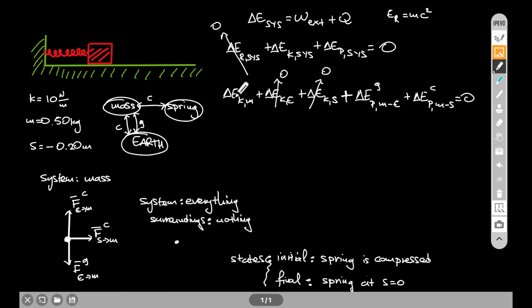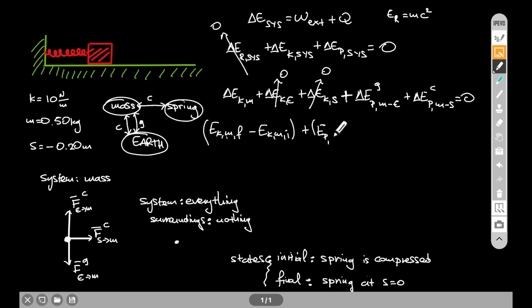Now, I have here the change in the kinetic energy of the mass, and change means final minus initial. So, let's erase this. EK of the mass final minus EK of the mass initial. Okay, the change became final minus initial. I'm gonna do the same thing here.